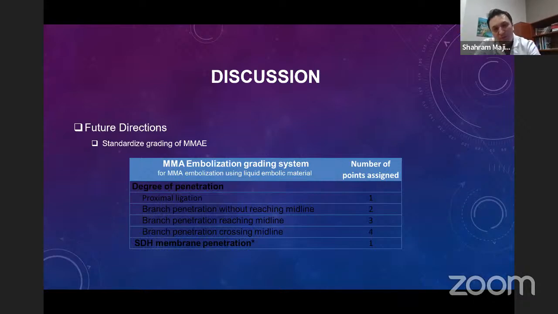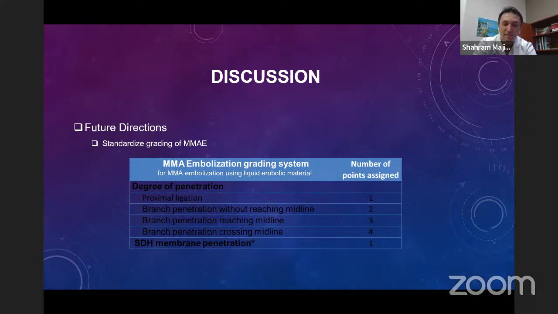Regarding future directions, we are in the process of proposing a standardized grading system for middle meningeal artery embolization using liquid embolic material, which can be glue or Onyx.